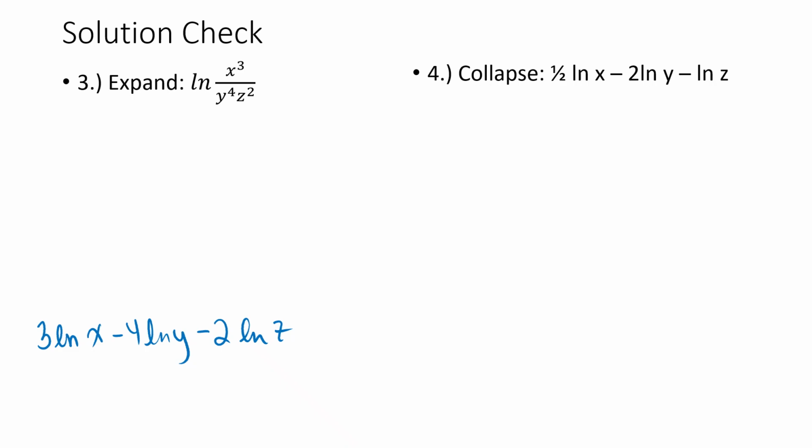So what I'm going to do on this one is start by doing a property of logs or exponents, where we remember that if something is in a denominator and I don't really want it as a fraction, I can write it as a negative exponent. So 1 over y to the fourth is y to the negative fourth, and the same with 1 over z squared is z to the negative 2.